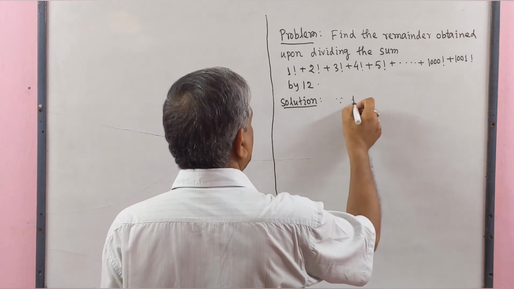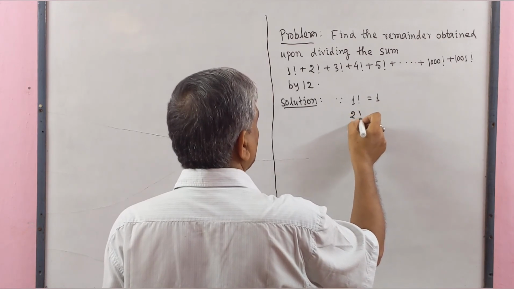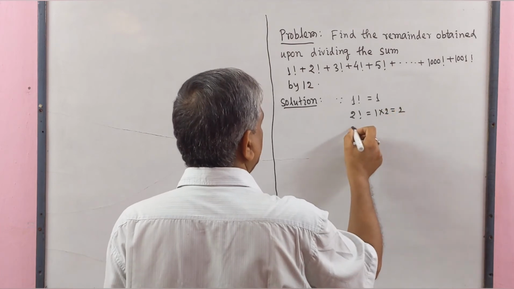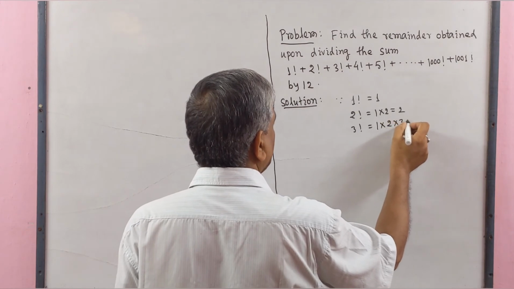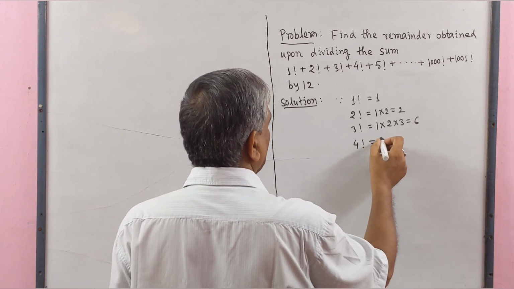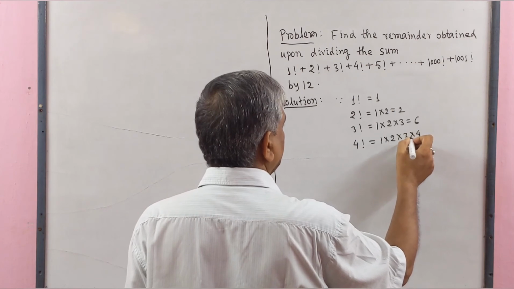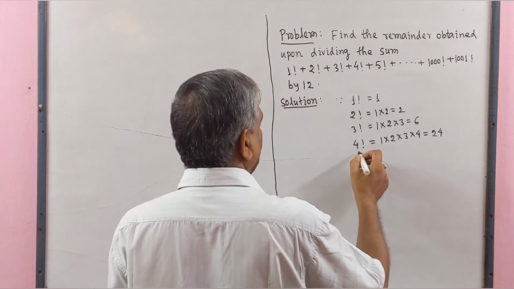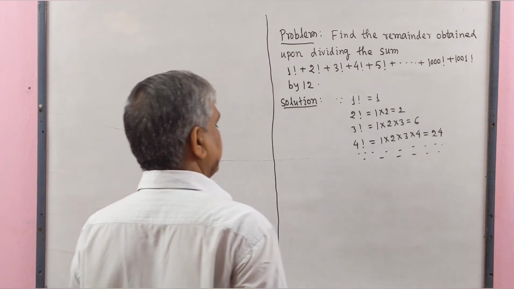Since factorial 1 equals 1, factorial 2 equals 1 times 2 equals 2, factorial 3 equals 1 times 2 times 3 equals 6, factorial 4 equals 1 times 2 times 3 times 4, that is 24. Similarly we may get values of other factorials.